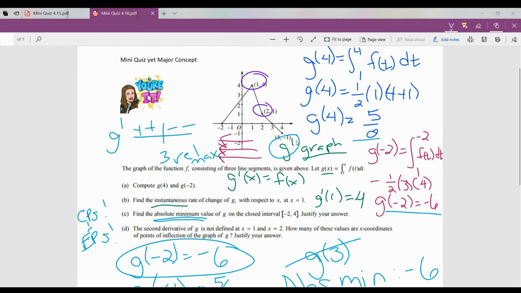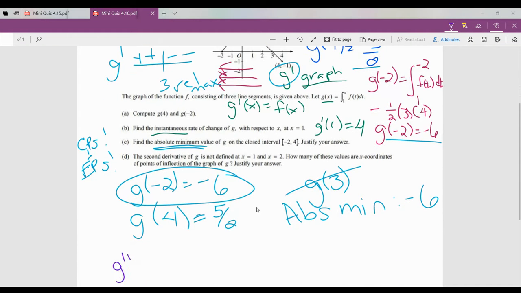That's because this is going to be the derivative of this graph, aka the slope. The derivative does not exist at corners, cusps, vertical tangents, and discontinuities. Here we have two corners. So it's asking how many of these x values are actually points of inflection.